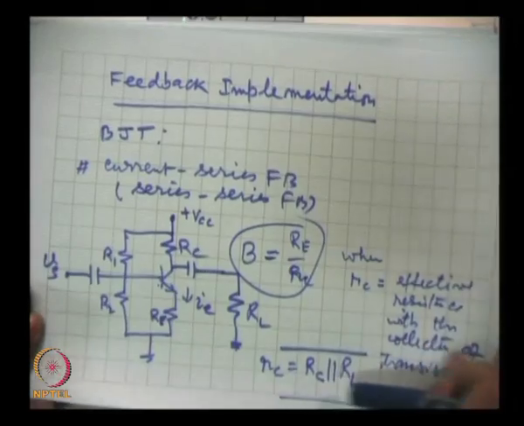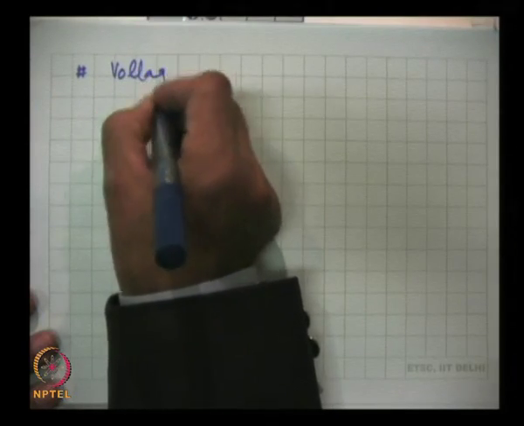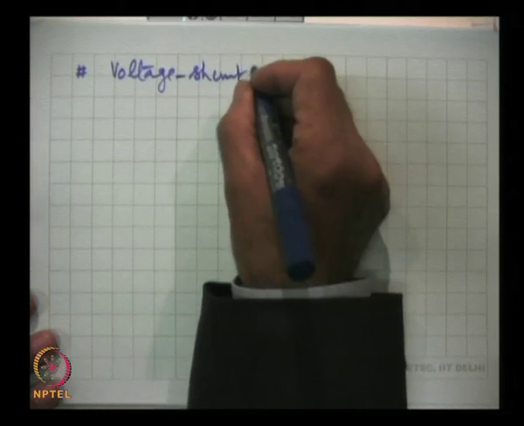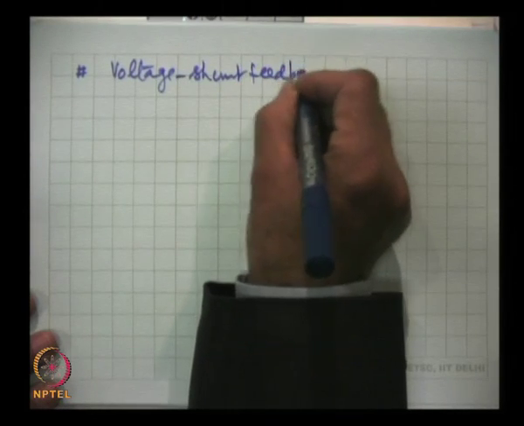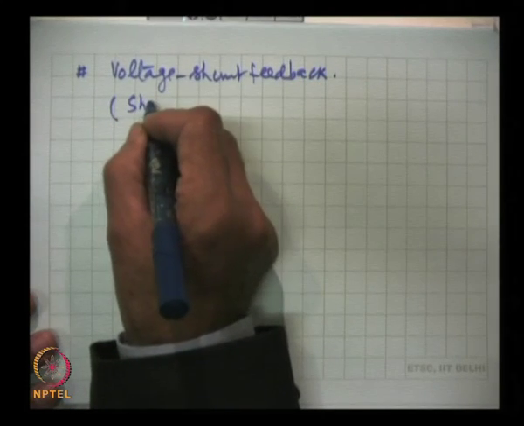The other familiar circuit again from the bipolar transistor is voltage shunt feedback, which is also called shunt.